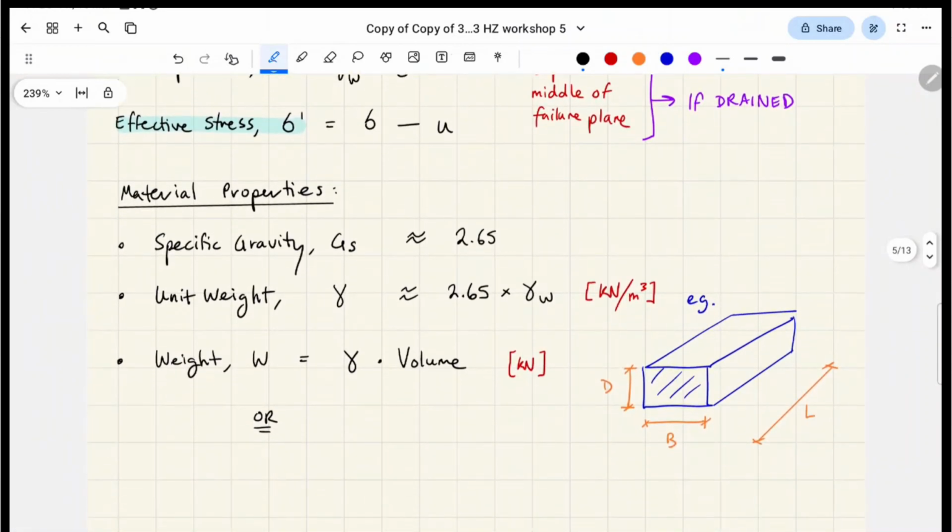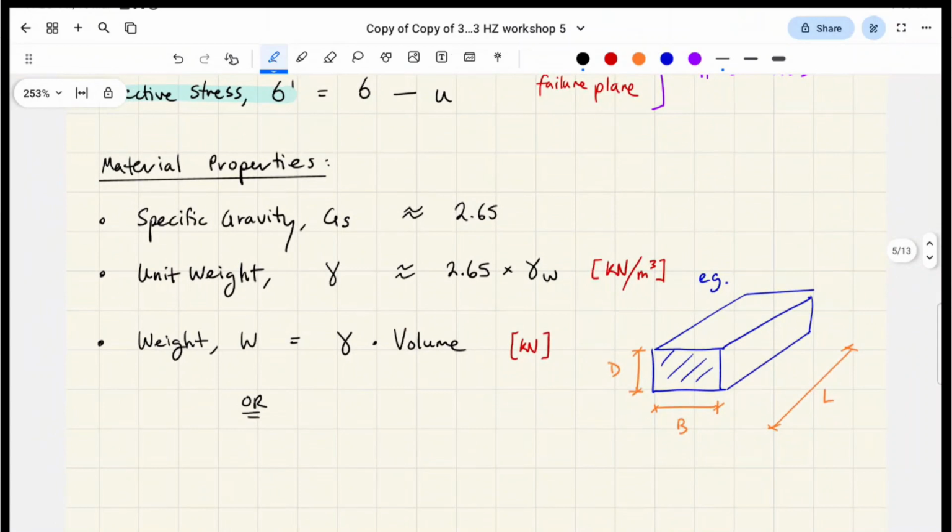Let's talk about material properties quickly. If you remember what specific gravity is, it's how much heavier our material is than water. So if it's 2.65, it means the soil we're looking at is 2.65 times heavier than water. For concrete, if you've done concrete before, it's 2.4 or 2.5, something like that.